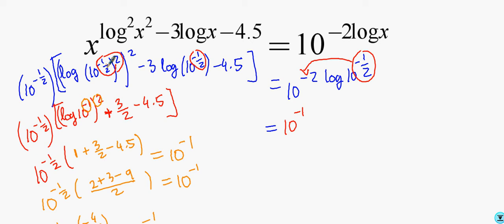When we bring it up front, it will be negative 1 times log 10, which is negative 1, and then negative 1 squared equals plus 1. This here will be plus 3/2 minus 4.5. Everything looks okay.